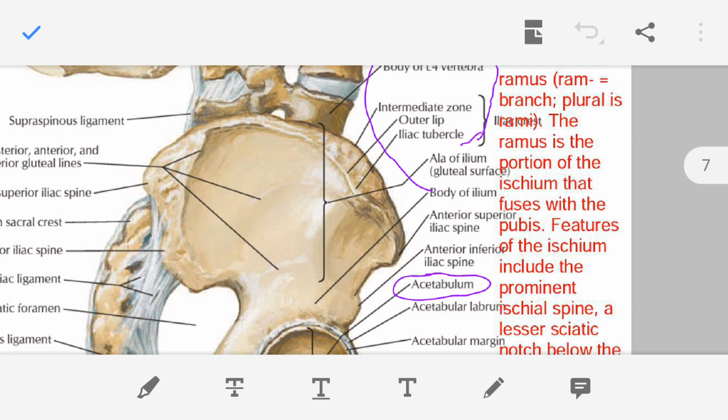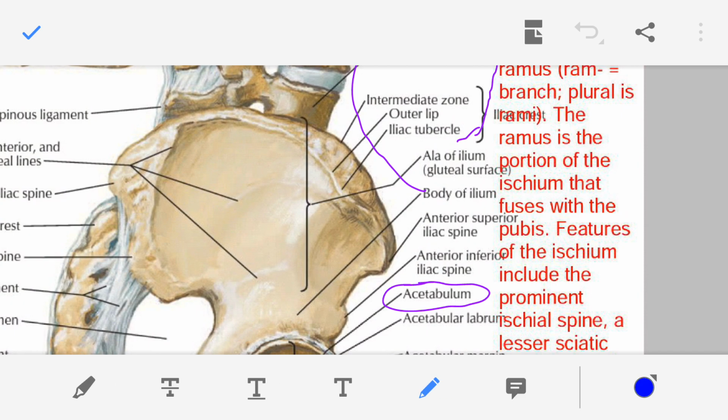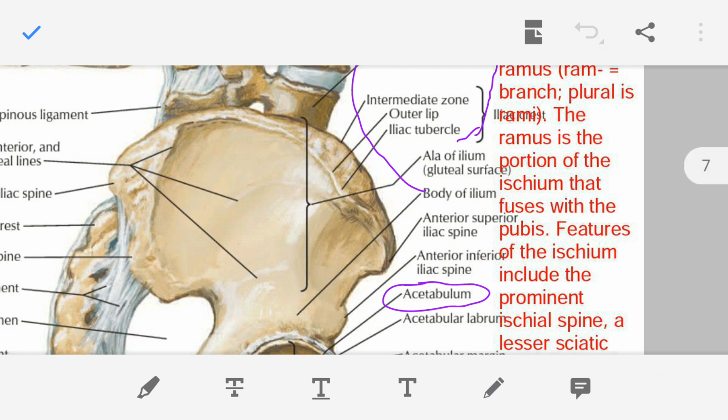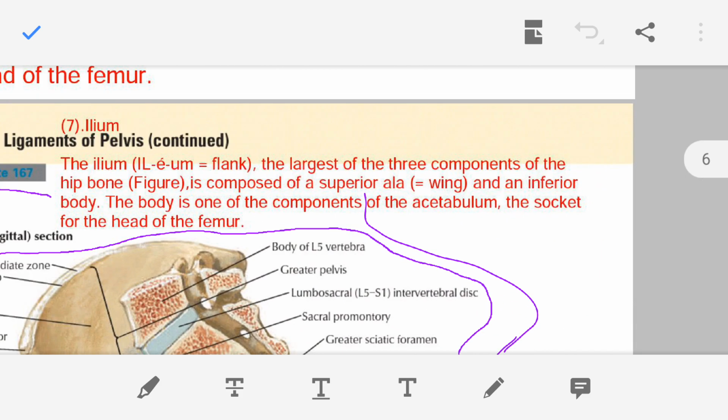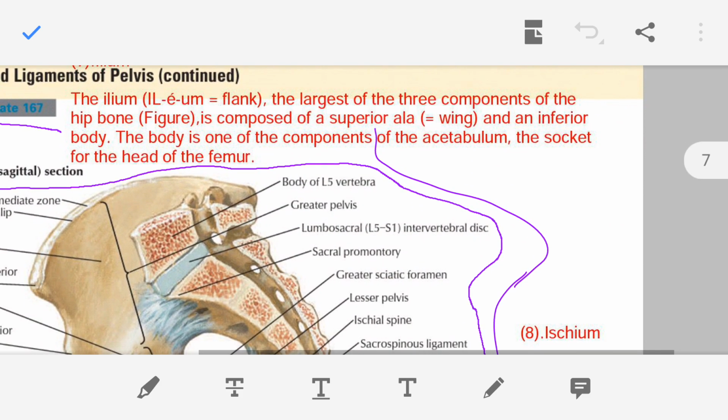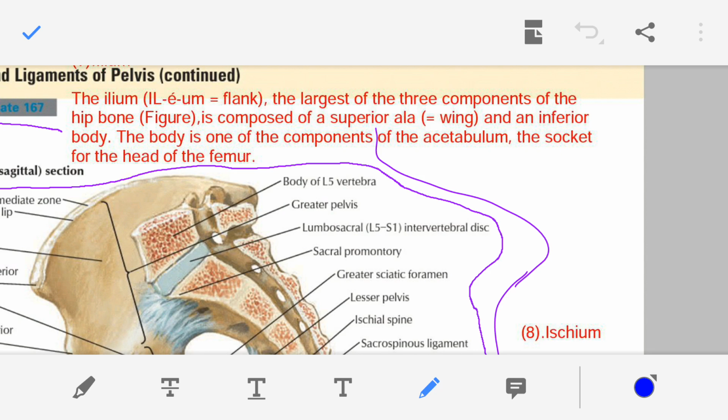This part is the superior ala of the ilium, and inferior to the superior ala the body is present.